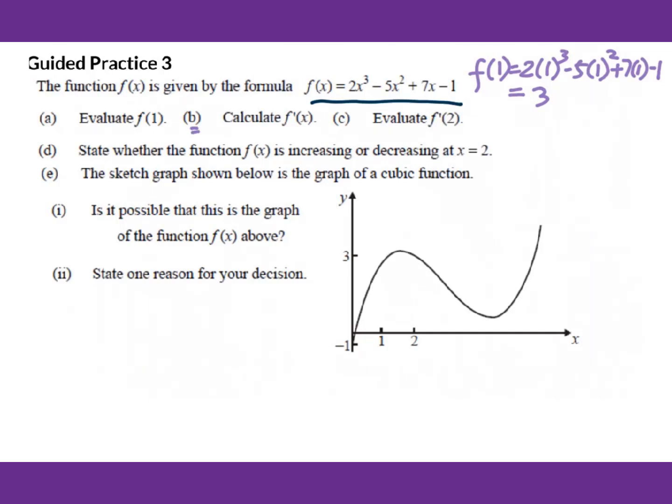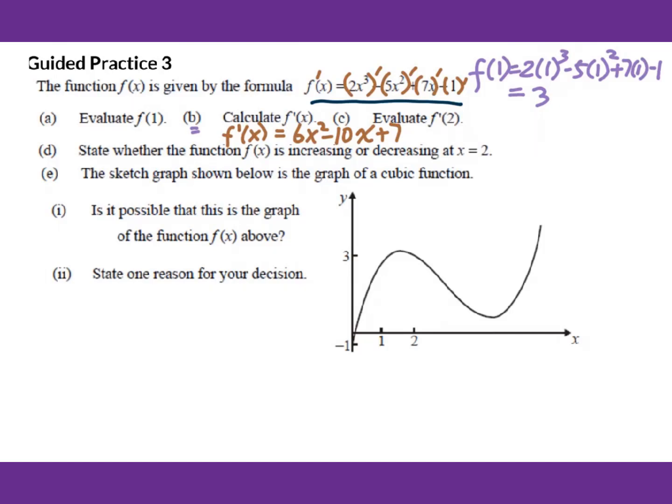For B, calculate the derivative. For the derivative, you do the derivative of each term. Then you will get f prime of x equals 6x squared minus 10x plus 7.